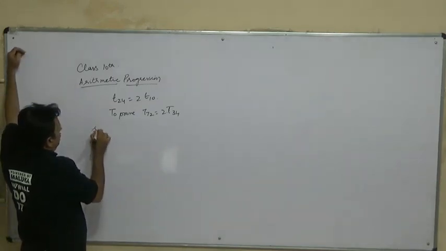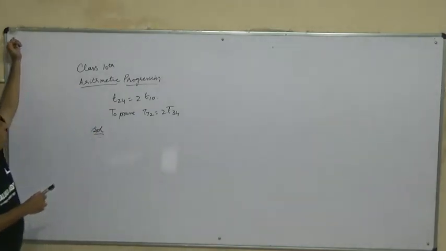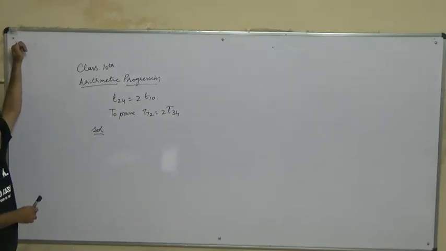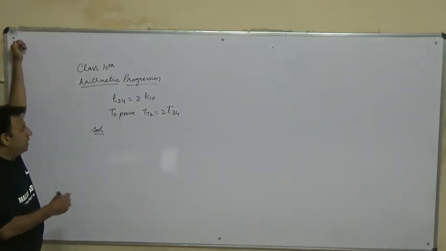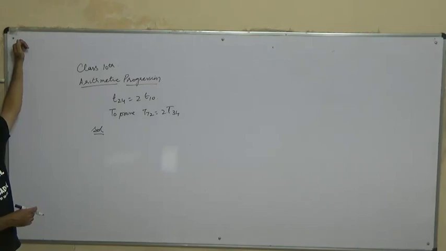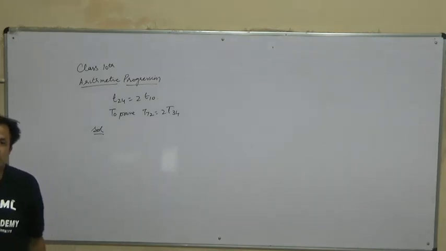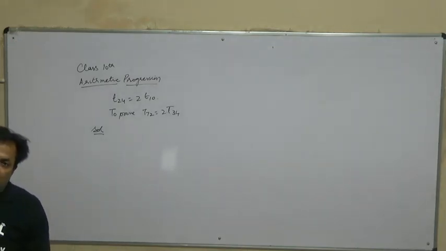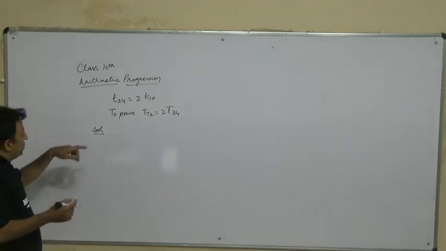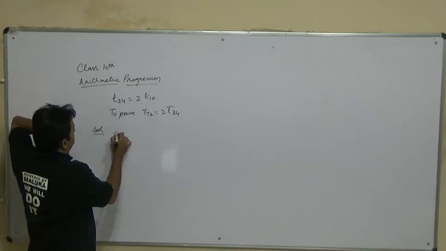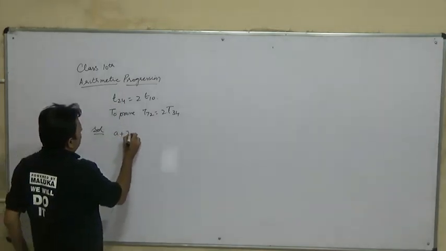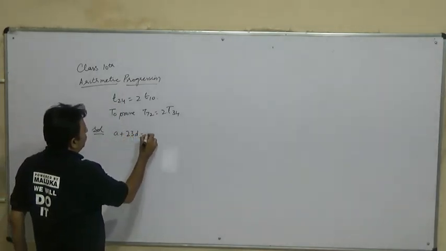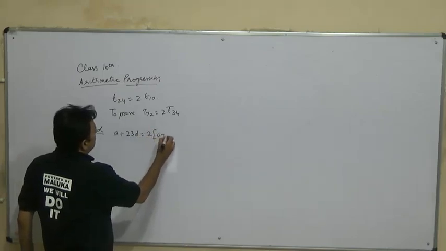So solution will be, we are given the 24th term is equal to twice the 10th term. So what is the 24th term? We know that when we are to write any term, we will add a to the n minus 1 into d. So a plus n minus 1 into d, this will be a plus 24 minus 1 is 23d is equal to 2 into a plus 9d.